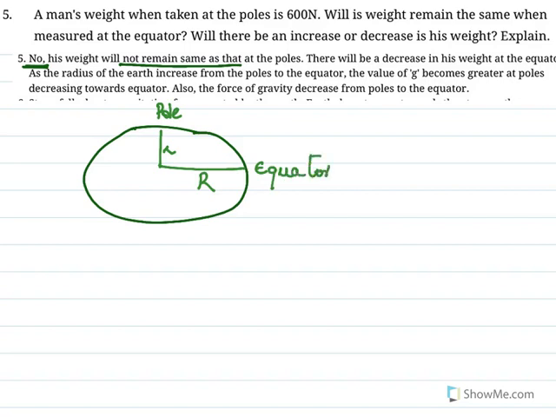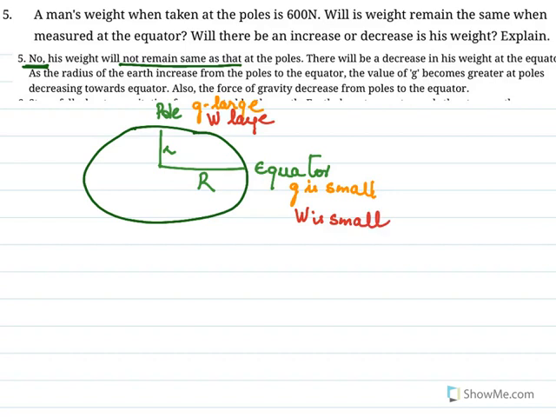Now if the radius is small at the pole, the acceleration due to gravity here is large. Here at the equator the acceleration due to gravity is small, is less. So if acceleration due to gravity is large, weight is large or great, and here weight is small.